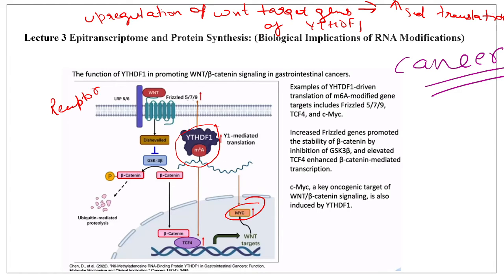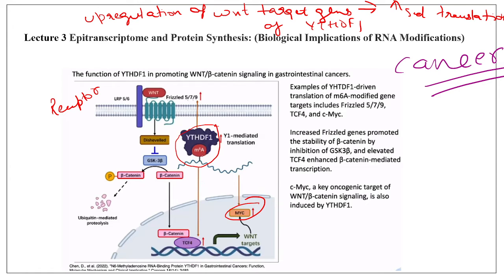These target genes will cause more and more translation of YTHDF1, which will again cause more and more signaling. That means it is acting as a positive loop. Wnt produces target genes, which increase YTHDF1, and this YTHDF1 ultimately increases the Wnt pathway. So there is a positive regulation.